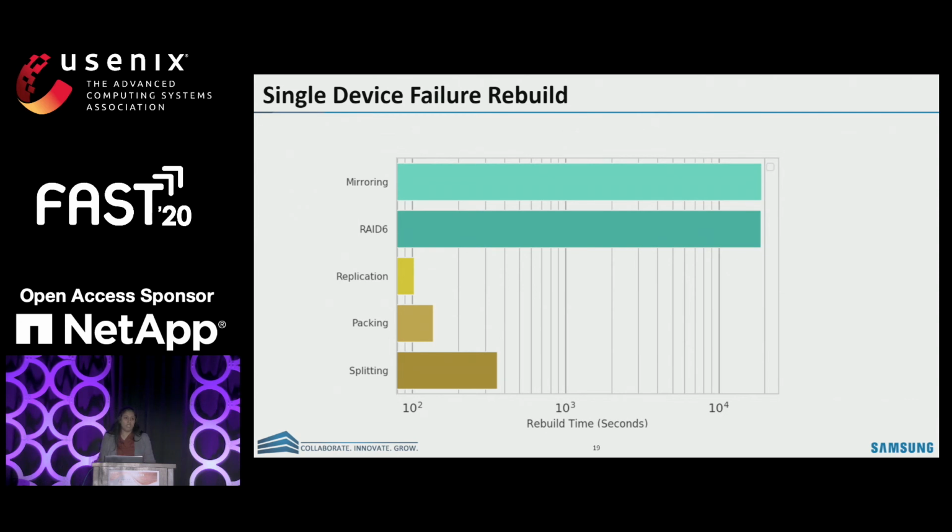Because of the capacity increases, it takes a lot of time. With rebuilds using KVMD-based mechanisms, you are only recovering whatever data you have written and is live. And so that's why it takes less.